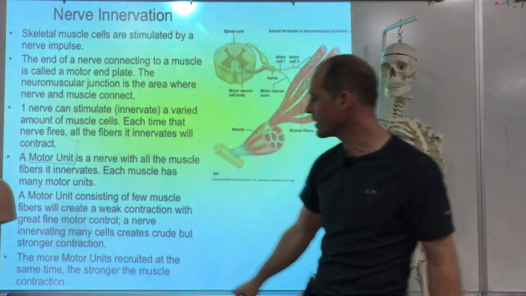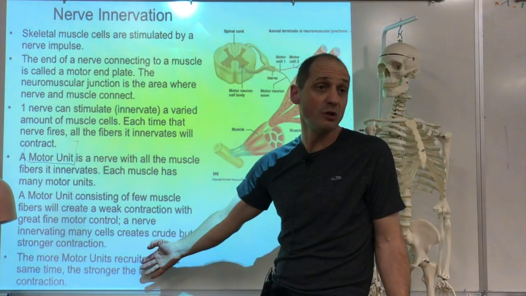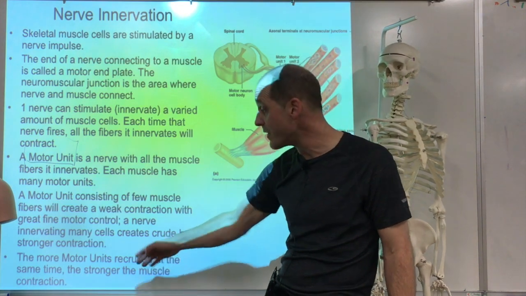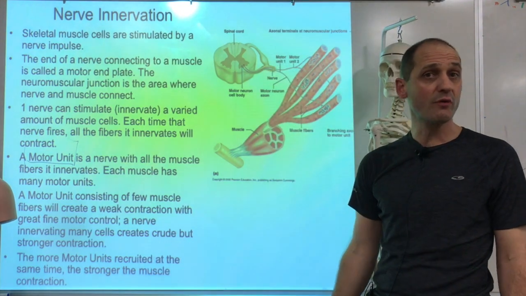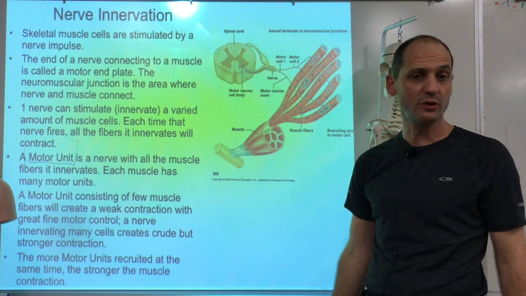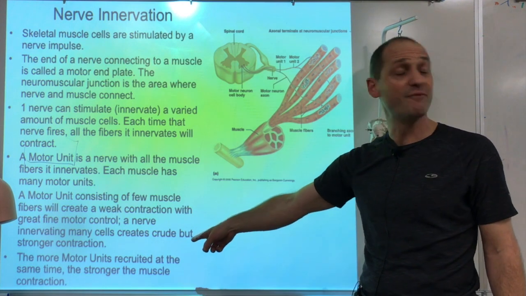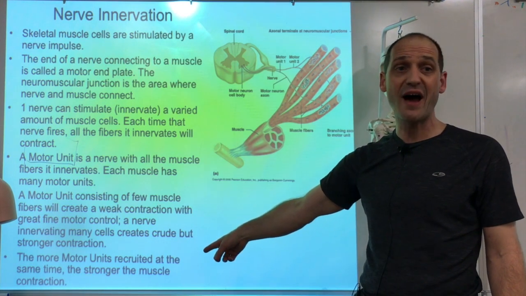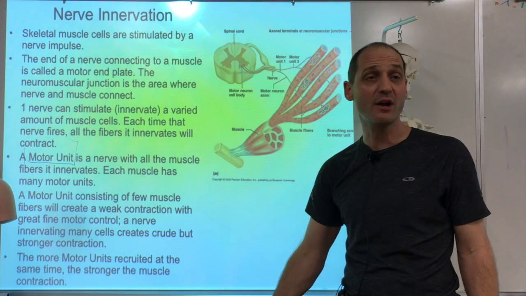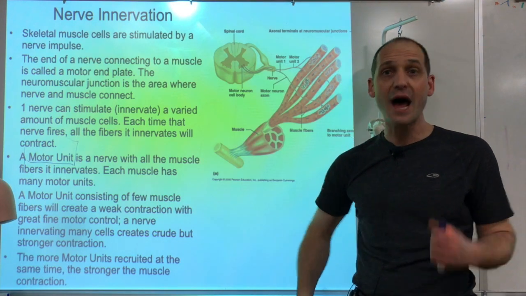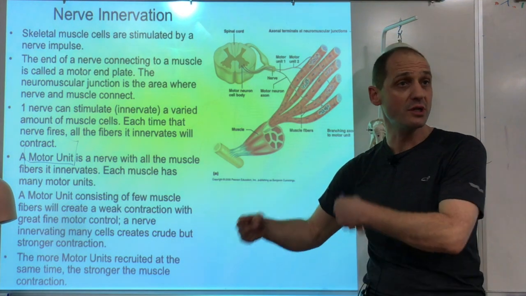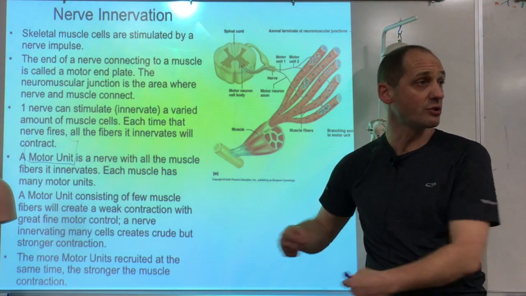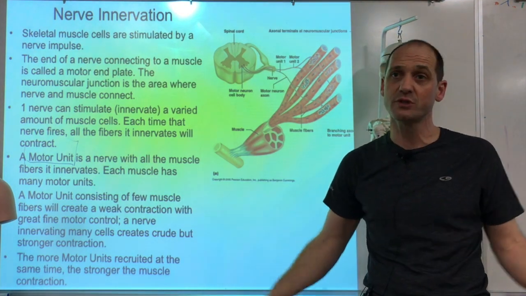We can recruit multiple motor units, so we can vary the contraction. The more motor units contracted, the stronger the contraction. But we potentially get fatigue. If I fire all the motor units in a quad, I'm going to get fatigue. If I run, I have to vary which motor unit is stimulated, and some muscle fibers are relaxing, so they have to rest for a second.